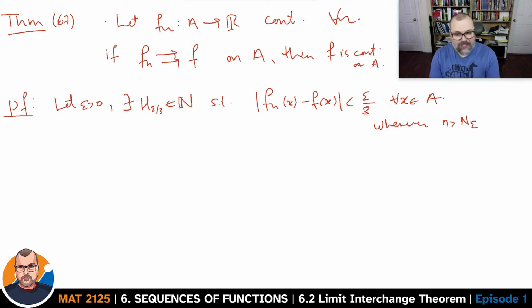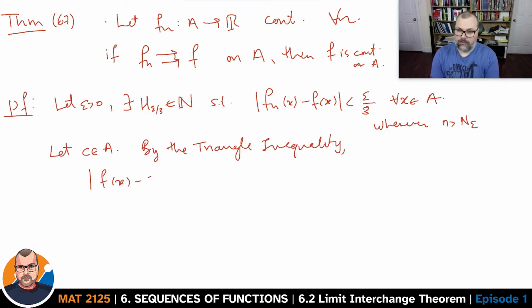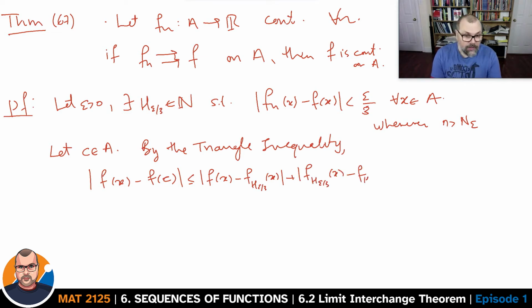Then we pick some value c in A. By the triangle inequality, the distance between f at x and f at c is going to be smaller than or equal to the distance between f at x and f_N at x, where N is this index here, plus f_N at x minus f_N at c, plus the distance between f_N at c and f at c.